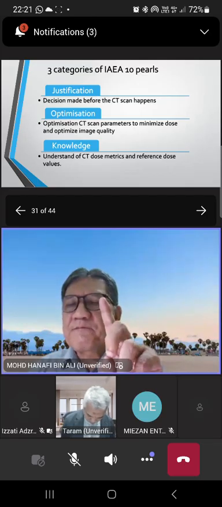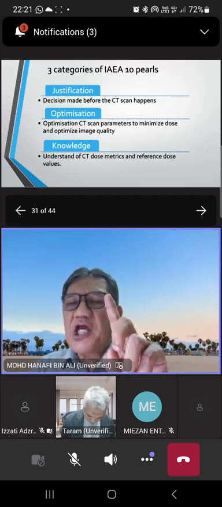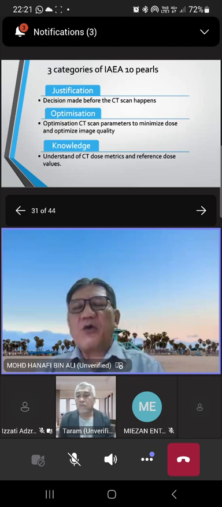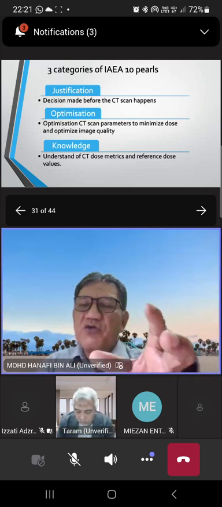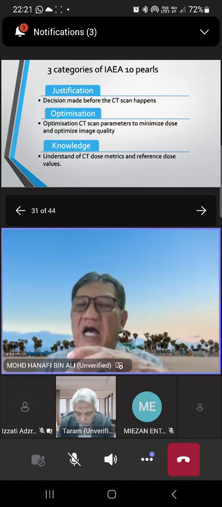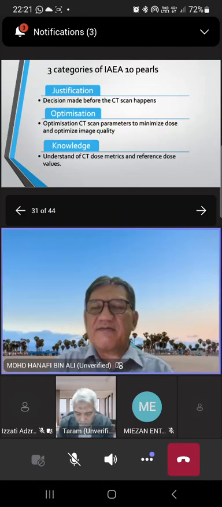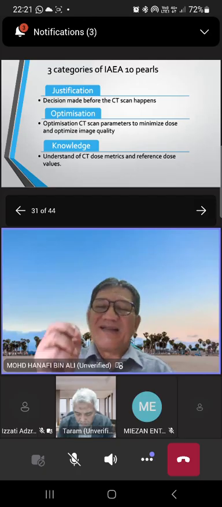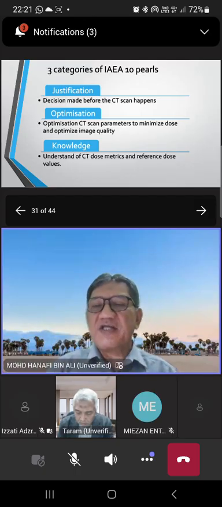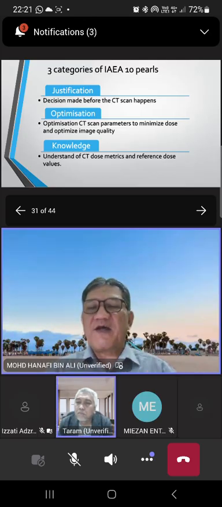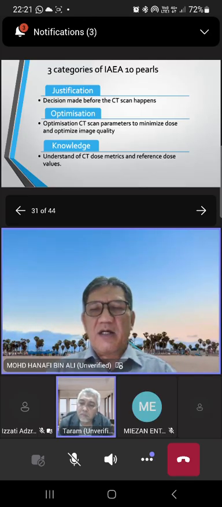Now, when you talk about a high radiation dose here, you are comparing with other structures. But if you compare how safe the CT scan is against the values that can produce cancer, it is very, very far. Okay.